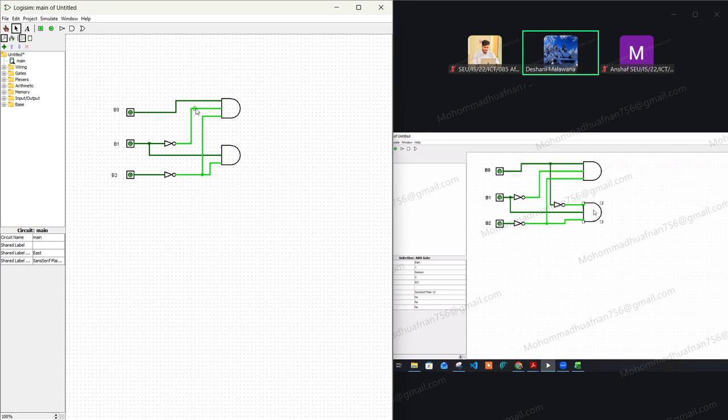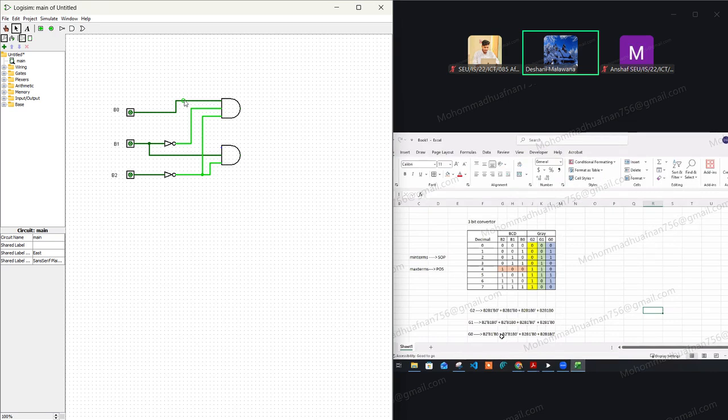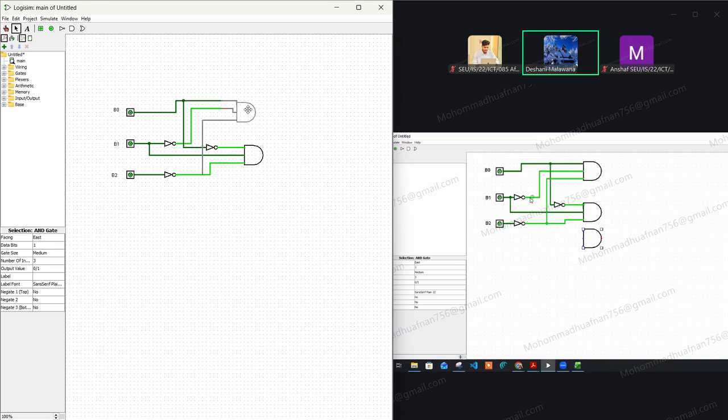Then after the next one, this one fine, this one fine, this one fine. So the last one, the third one, is B1 is dash, other two are normal.